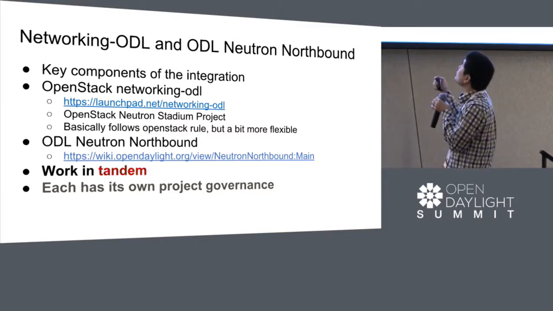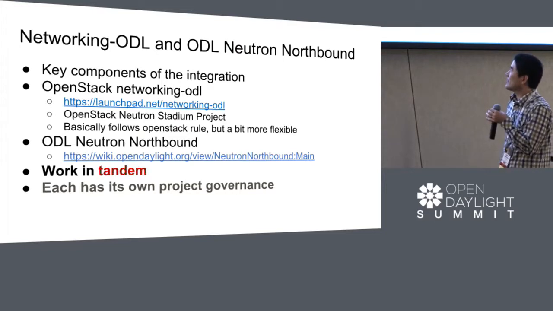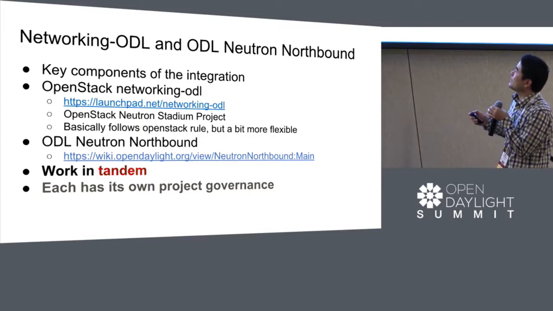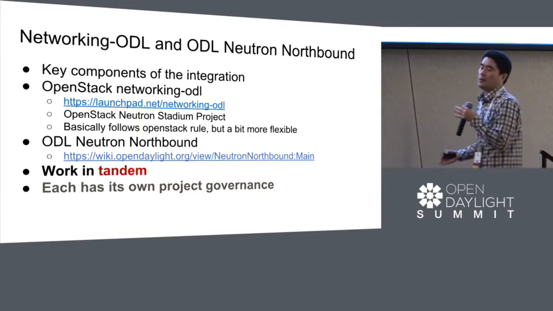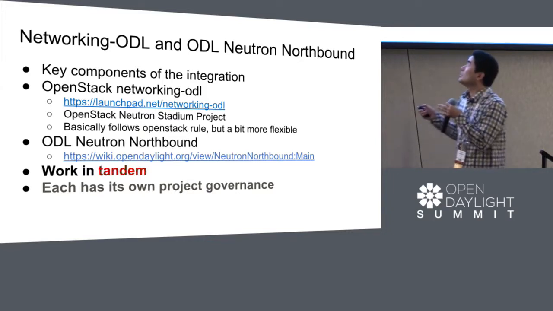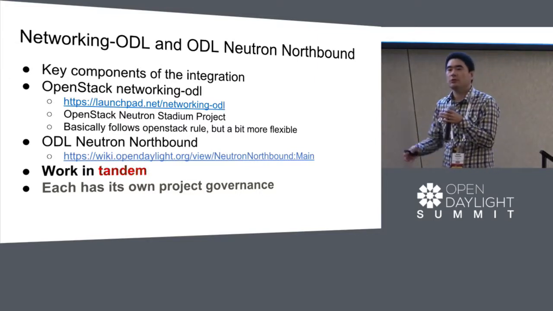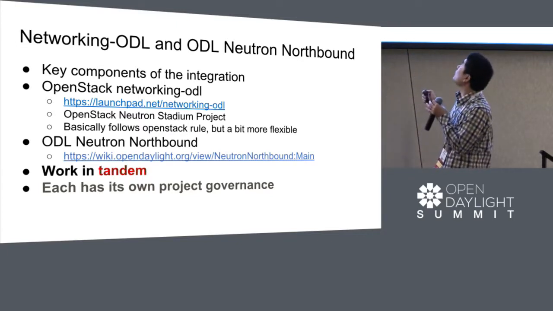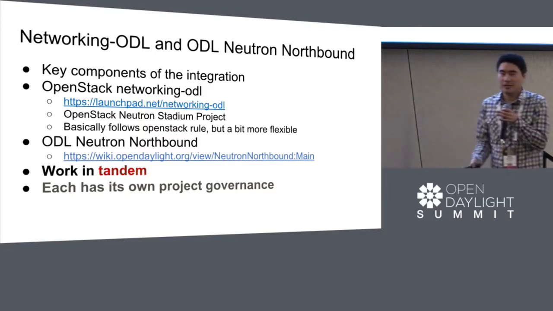Those two components work in tandem. Each project follows its own practice. Since networking ODL is an OpenStack project, it follows the OpenStack way. On the other hand, OpenDaylight Neutron Northbound is an OpenDaylight project, so it follows the OpenDaylight way.